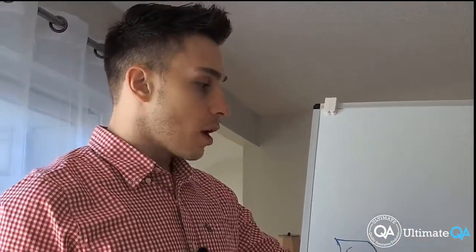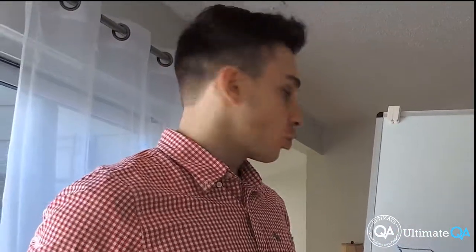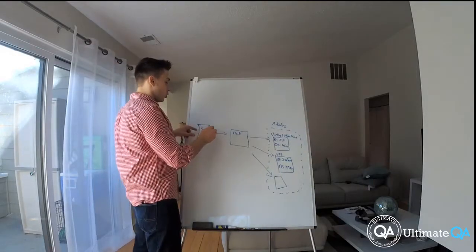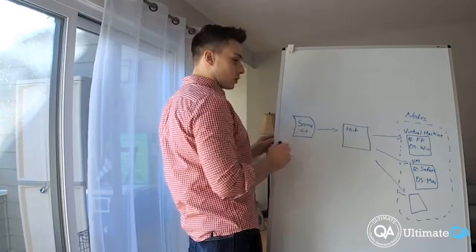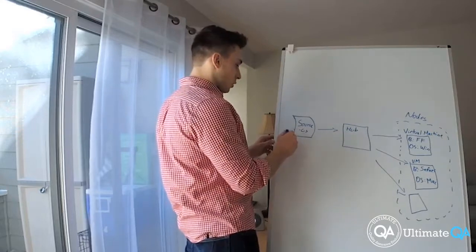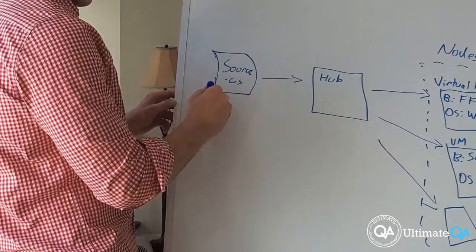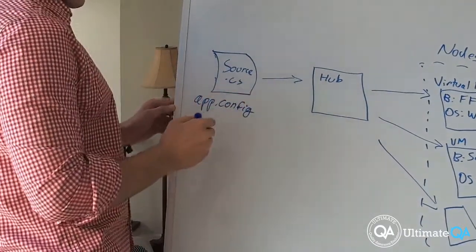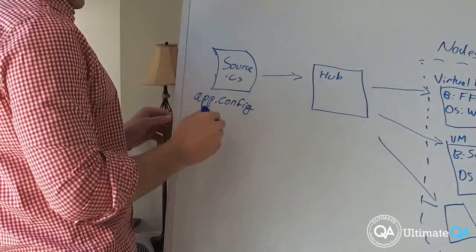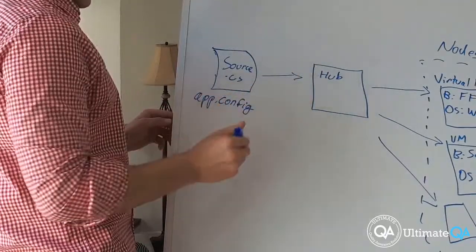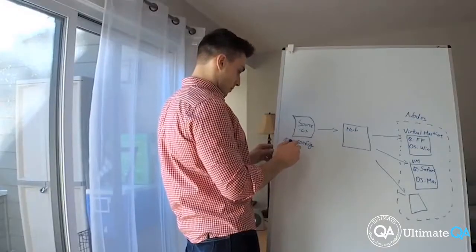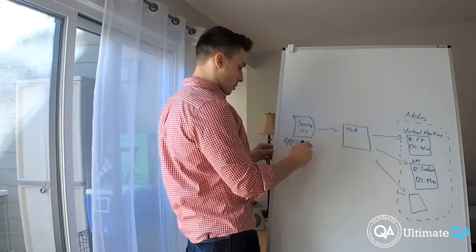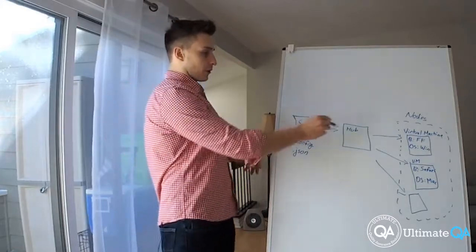So your tests can be getting passed to the hub, and the hub will determine on which node the test should run. You can actually specify that in your file. You can use something like an app.config, or you can use something like a configuration file for the hub. I believe it's a JSON format that you can use to configure the hub.